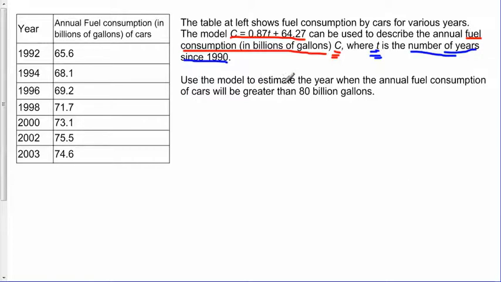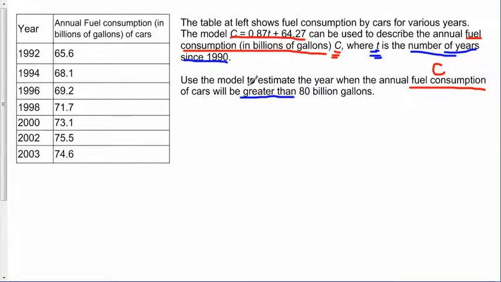So let's see what they want us to do with that information. Use the model to estimate the year when the annual fuel consumption of cars will be greater than 80 billion gallons. So what information tells us the fuel consumption of cars? Remember up here, that was the C. So the fuel consumption, C, will be greater than 80 billion gallons.